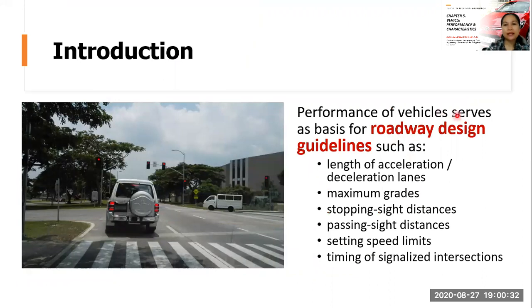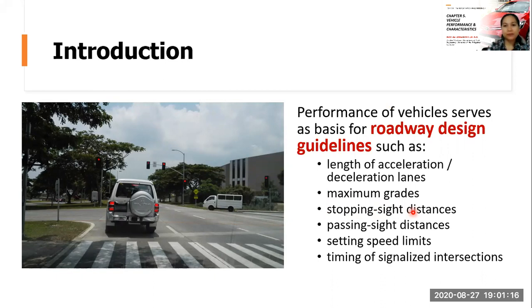Now, the performance of vehicles serves as the basis for roadway design guideline development. For example, how much length of acceleration are you going to designate on the lane? Or how many meters of deceleration lane are you going to put? Another example is the maximum grade, and the standards for stopping sight distances, depending on whether that's a sag curve, a crest curve, or a level highway, and the speed of operation as well.